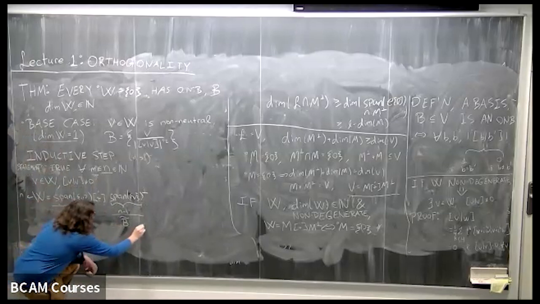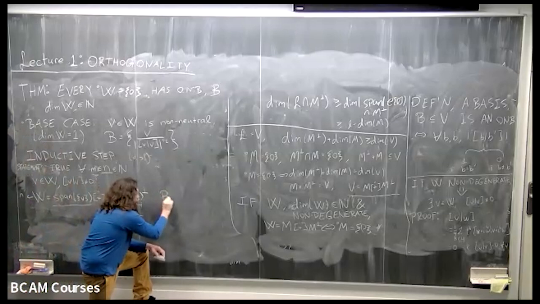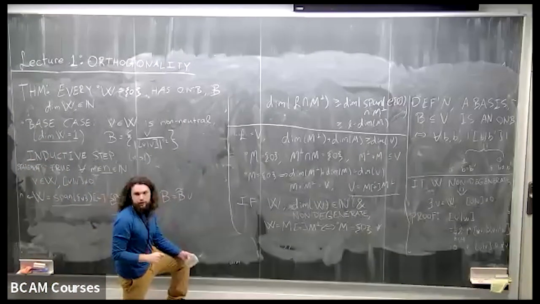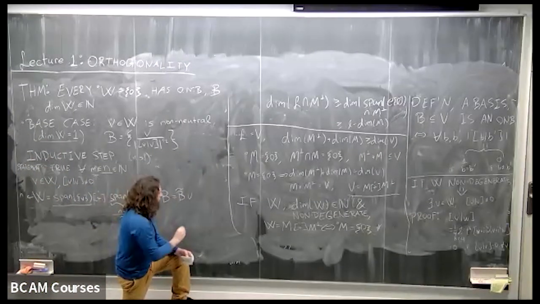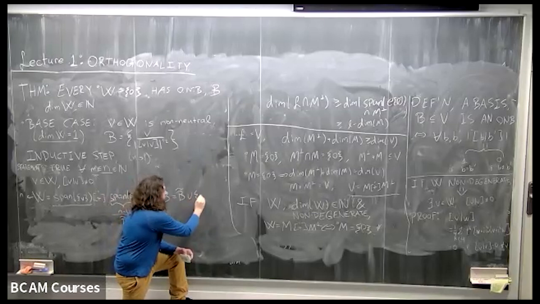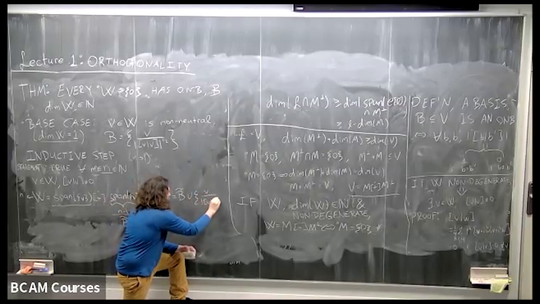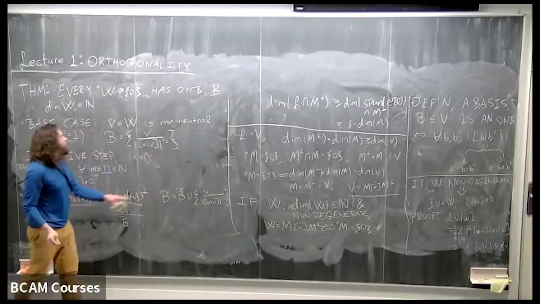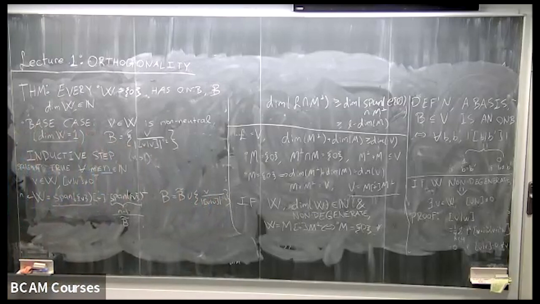And then we can say that the basis that we're looking for is B tilde, along with the non-neutral vector that we used to start the proof with. So this with the non-neutral vector, and we normalize it. So this is an orthonormal basis.